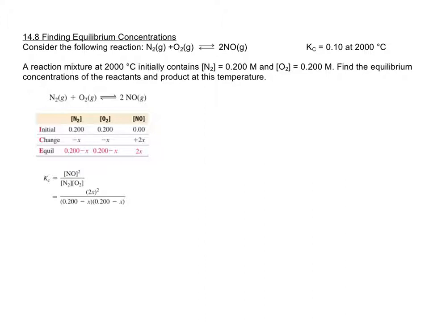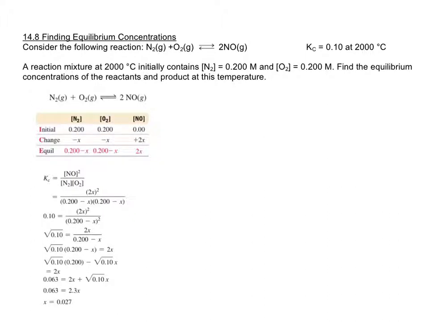This one's not too hard because since both our top and bottom are squared, we can just take the square root of both sides and get x by itself. After we take the square root, we just do some algebra, multiply both sides by the denominator, subtract, and then solve for x, and we get 0.027 as our x.